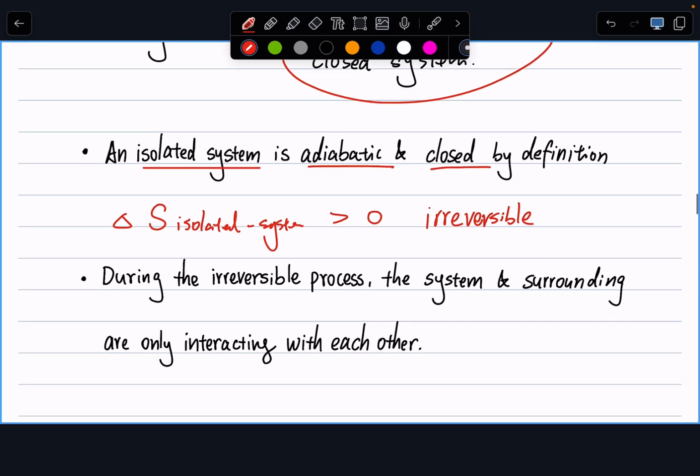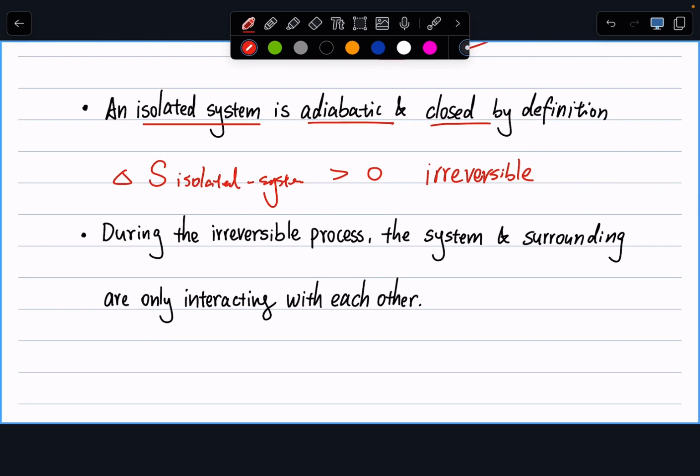Okay, so that's the system within that isolated system. And taking this one step further, think of my entire universe as a big isolated system containing system and surrounding.